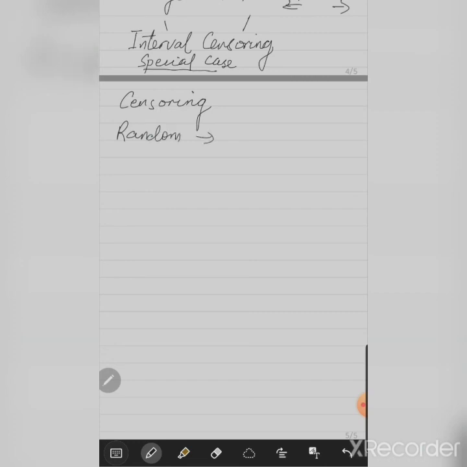When I use the word random, it is like whatever life I'm observing has left the investigation, and it's not because of death, or not because of the risk that we want to assess, but for some other mechanism.